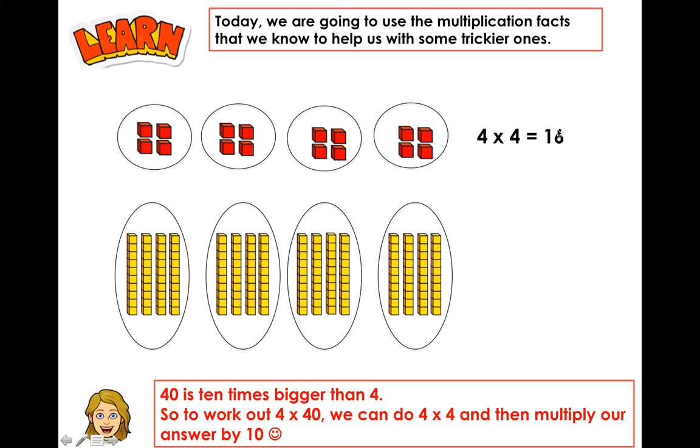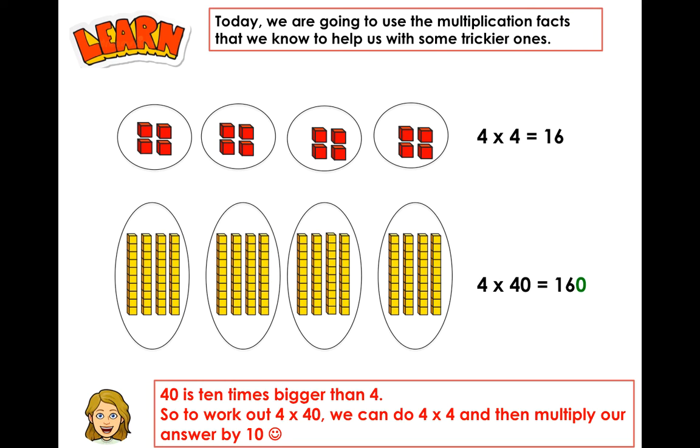So my answer, my 16 here, is going to be 10 times bigger. So I've got to multiply 16 by 10 to give me the answer to 4 times 40. So if I move all the digits one place to the left in 16, then I know I need to add on my placeholder 0 to give me 160.